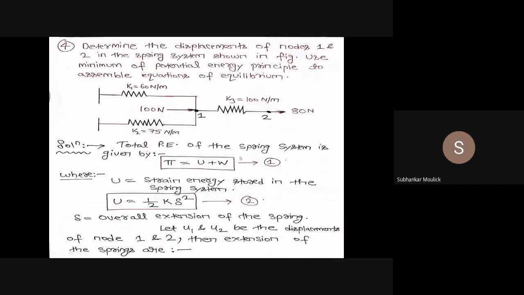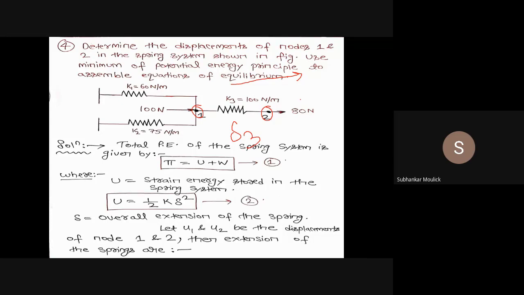So next is the deflection of this particular element, that is delta 3. I can clearly see that this particular element is connected between node 1 and node 2, and the entire system is moving along this end.